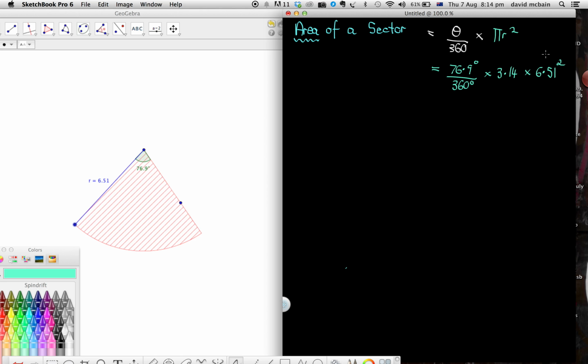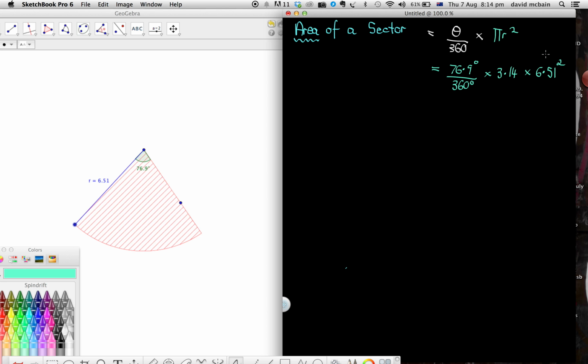So if we work that out on our calculator, it'll be 76.9 times 3.14 times 6.51 times 6.51 again, because it's squared, and then divide everything by 360.